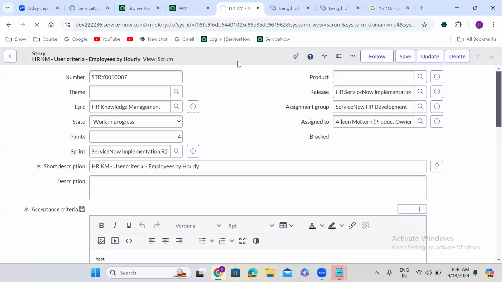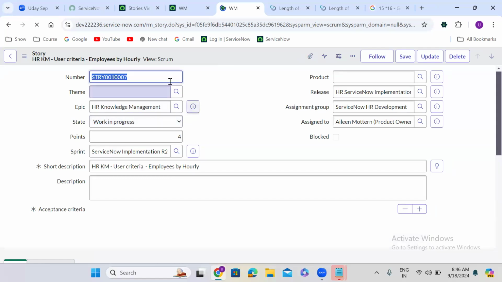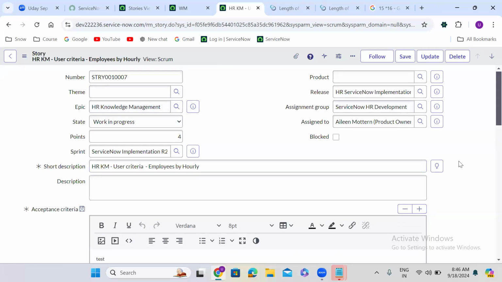Okay. So in the sprint planning meeting, this requirement will be assigned to a developer. Whoever the developer is, that particular developer will be assigned during the sprint planning meeting, so that when the sprint starts, he can start working on this.